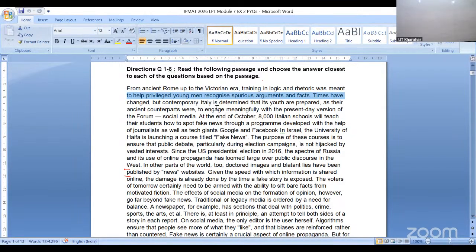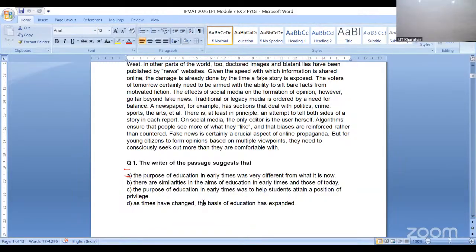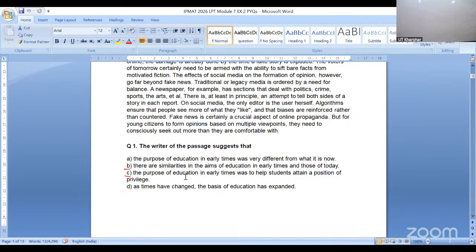Times have changed, but contemporary Italy is determined that its youths are prepared. So we have a but over here. And in the previous sentence, from ancient Rome up to the Victorian era, what does it mean? That means the purpose of education has been the same throughout. Yes or no? So would we go with C or would we go with B? We go with B, right?